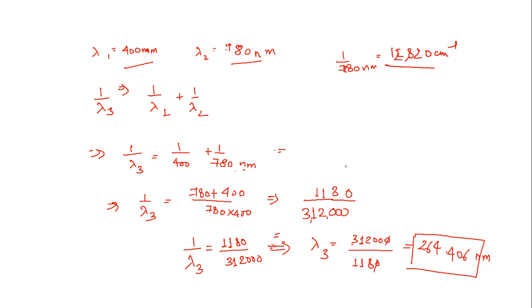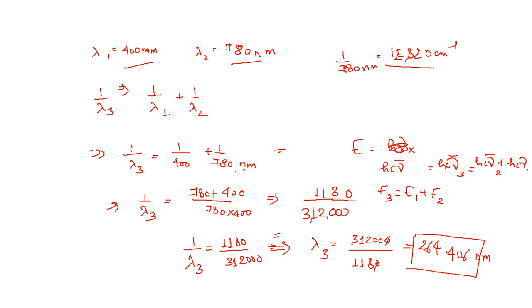Since the relation is E equals HC nu bar, E3 equals E1 plus E2, and therefore you will write HC nu 3 bar equals HC nu 2 bar plus HC nu 1 bar.